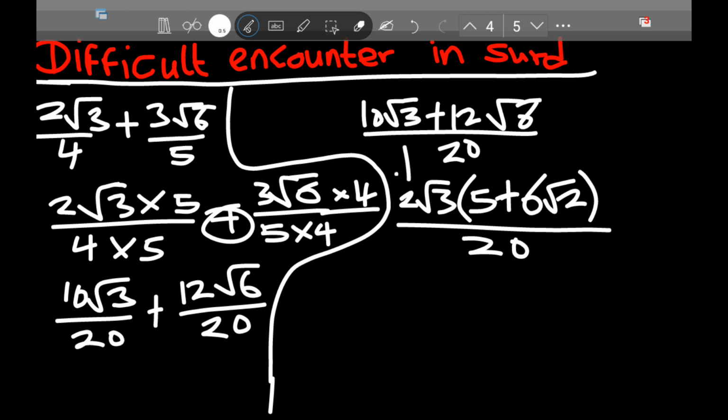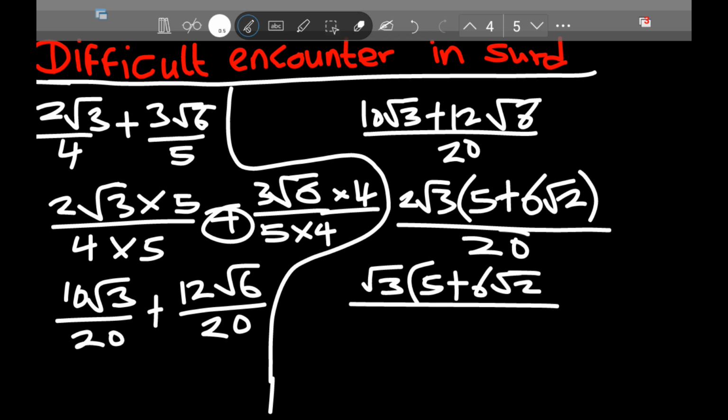Now cancel these 2, then reduce this 20 to 10, because 20 divided by 2 is 10, but these 2 we cancel itself. So what you now have is root 3 bracket 5 plus 6 root 2.